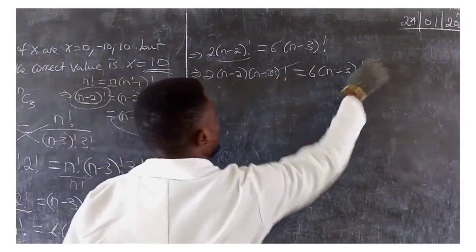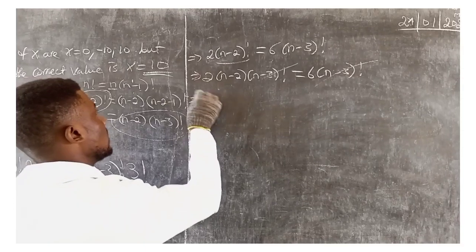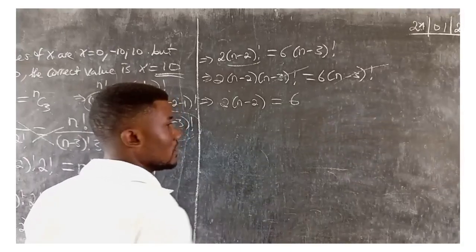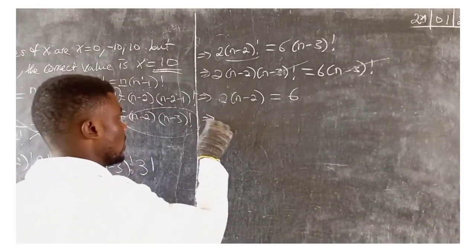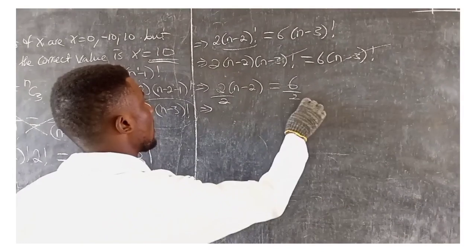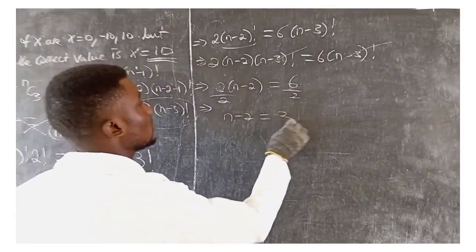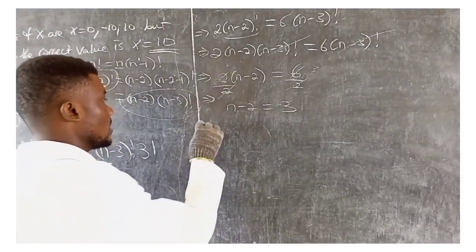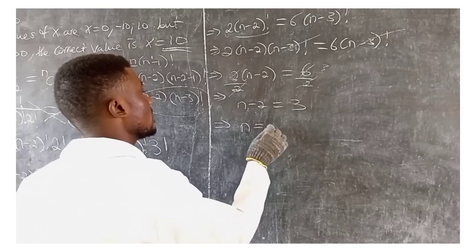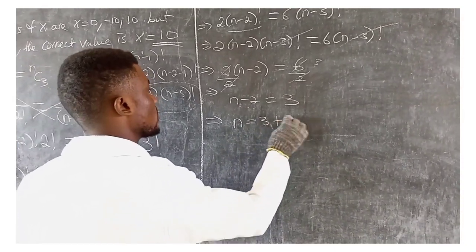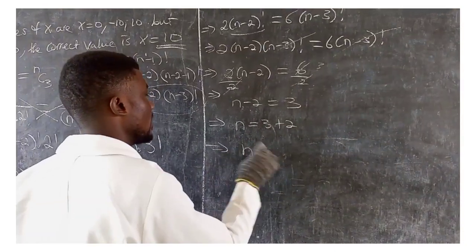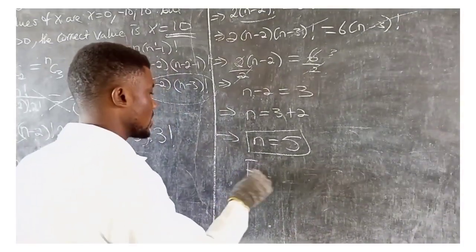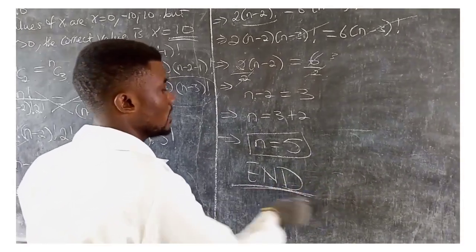You can see that this one can disappear on both sides, so that we now have 2 into n minus 2 is equal to 6. If we divide both sides by 2, we have n minus 2 is equal to 3, seeing that 2 goes into 6 three times. And so taking the 2 across gives us n as 3 plus 2, or better still, n as 5, which finally completes the solution of this paper.